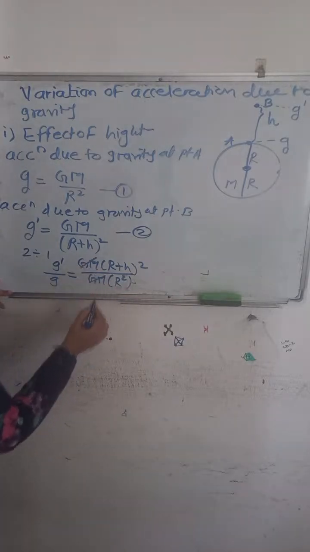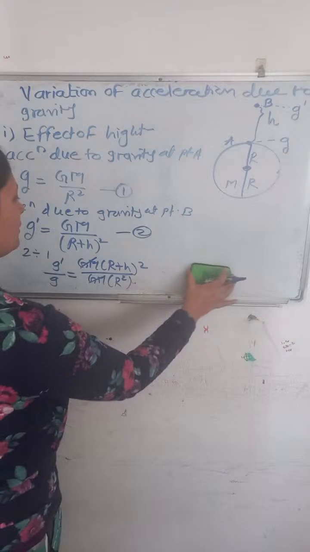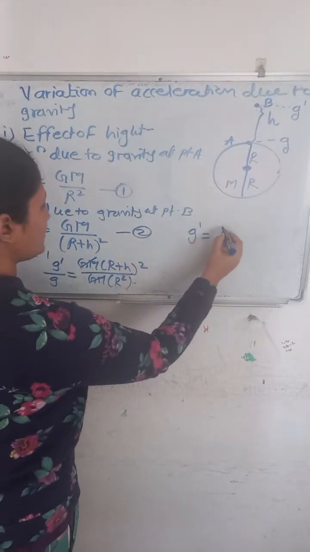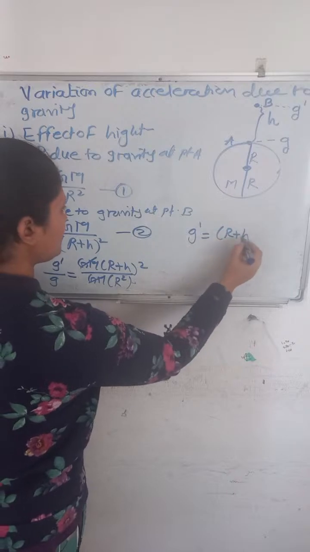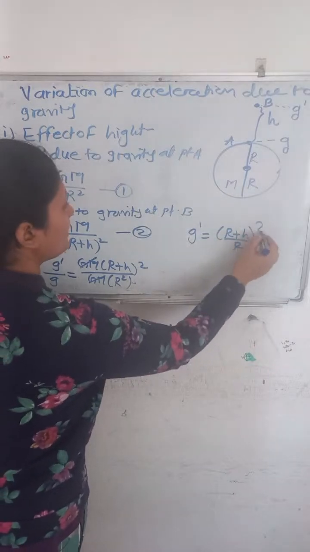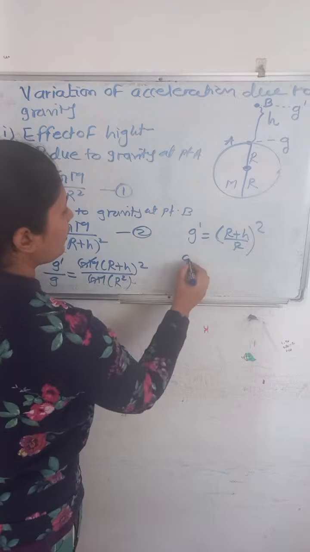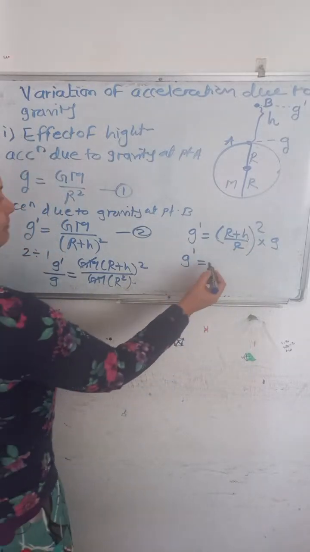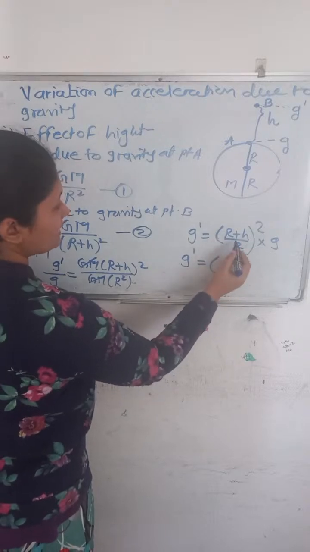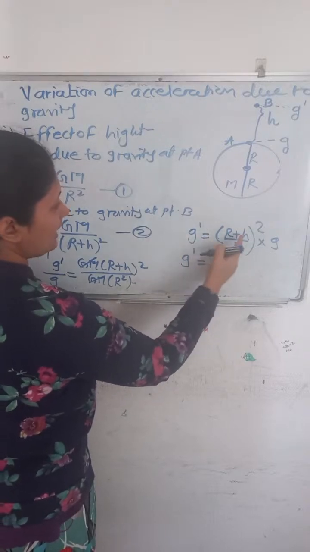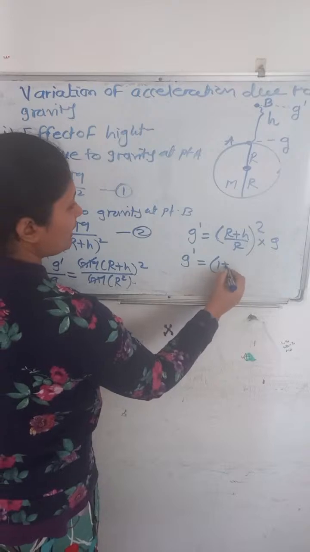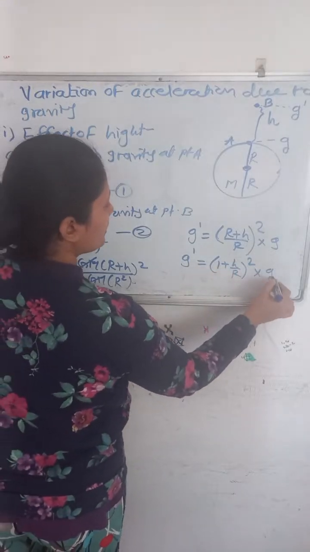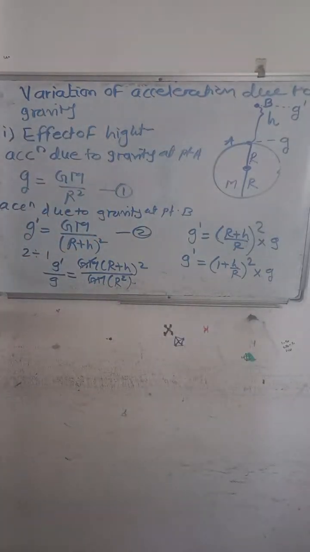So GM gets cancelled, and you can simplify this equation as g dash is equal to (R plus h upon R) whole square into g also. Or we can separate it: R by R is 1 and h by R, so (1 plus h by R) whole square into g.